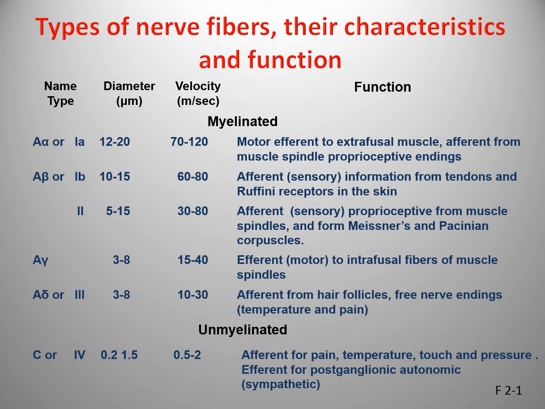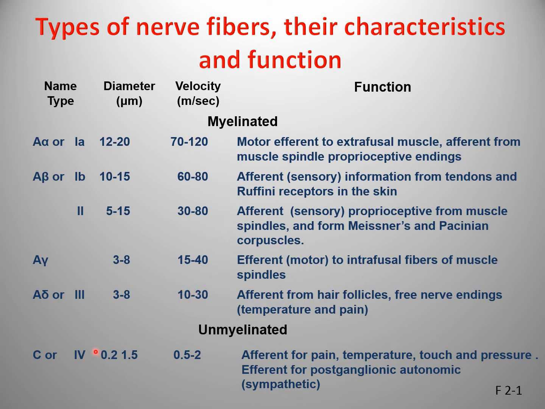In the more modern nomenclature, that with Roman numerals, 1A are the thickest axons, thus the fastest to transmit a signal, much faster and thicker than those of type 3, which are of much smaller diameter, therefore they transmit the signal much slower.